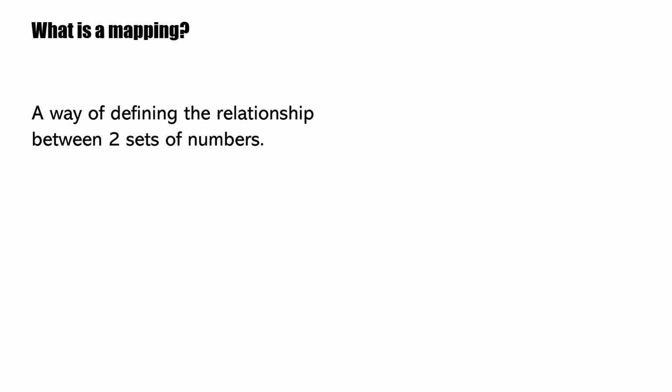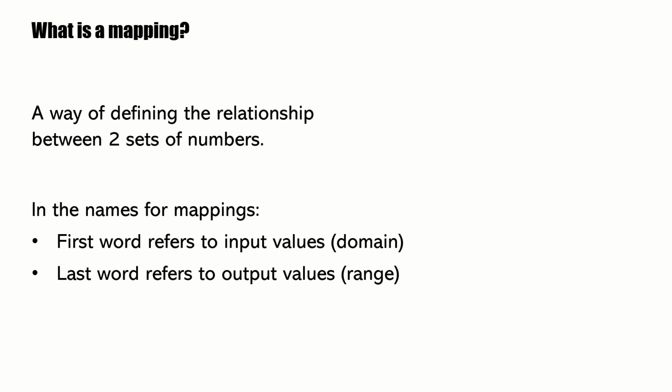The first thing I should explain is what is a mapping. Probably the most simple way I could put it is it's a way of defining how two sets of numbers are related to each other, the relationship between them. We then give different names to those different relationships, and the first word in the name refers to what's going on with what we traditionally view as the input values, what later in this topic we're going to more poshly call the domain, and is often therefore the x values for most functions.